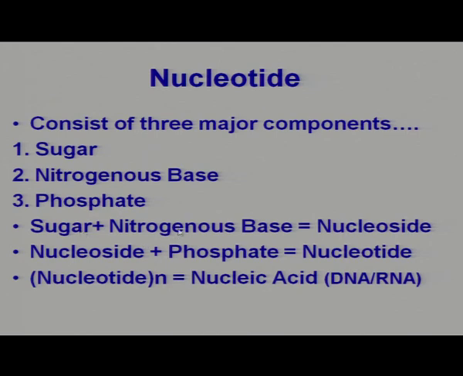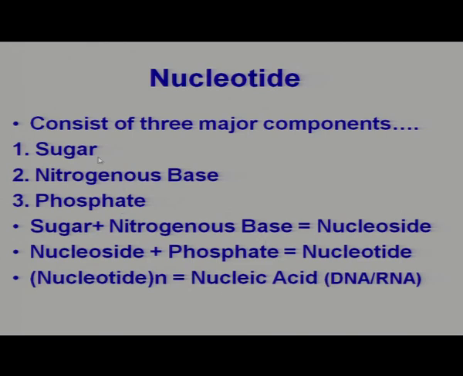Sugar and nitrogenous base combine together to form nucleoside, and nucleoside combined with phosphate to form nucleotide. And as told you, many of the nucleotides combine to form nucleic acid, which may be DNA or RNA.